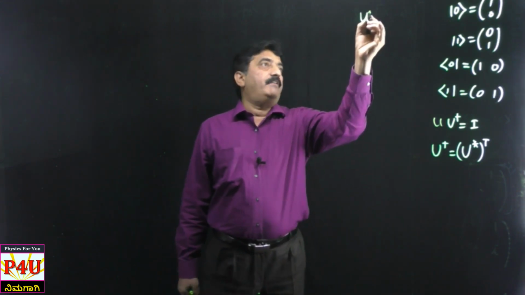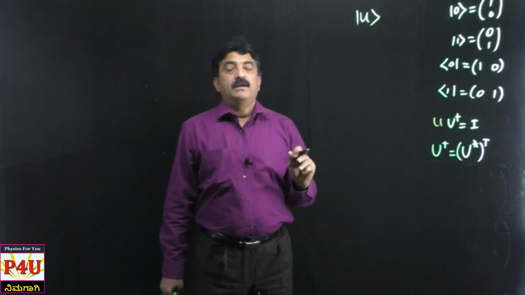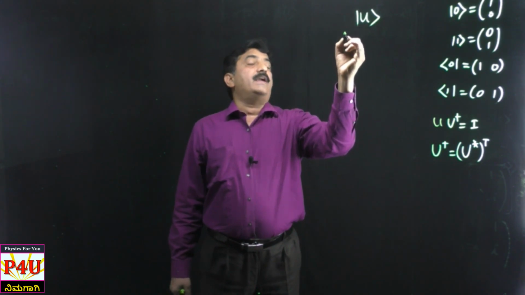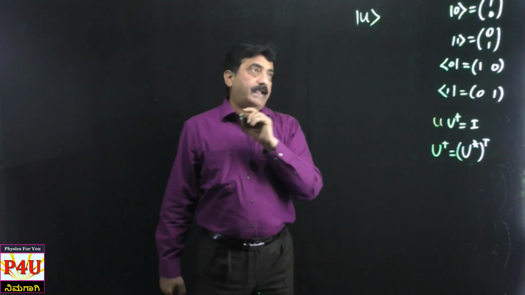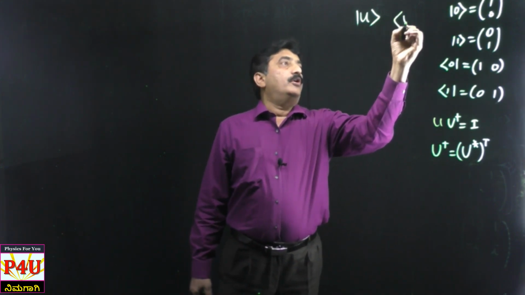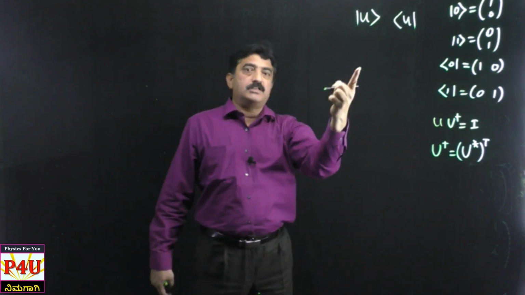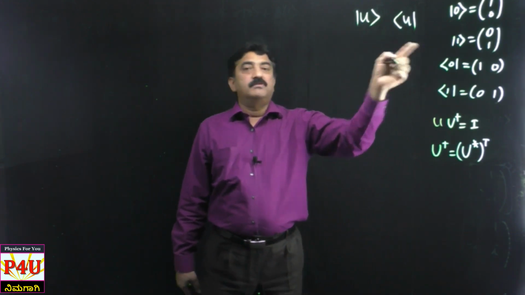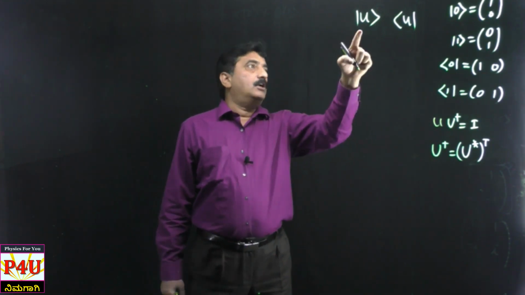Suppose there is a ket vector like this. Its Hermitian, meaning complex conjugate and then transpose, is going to be the bra. If I take the complex conjugate of this and then transpose, I generate this particular state, meaning the ket converts into a bra.